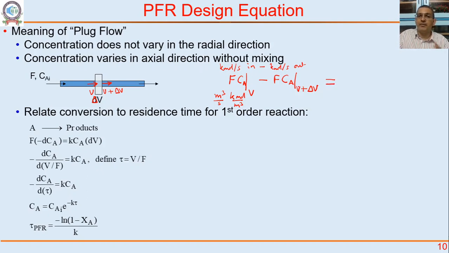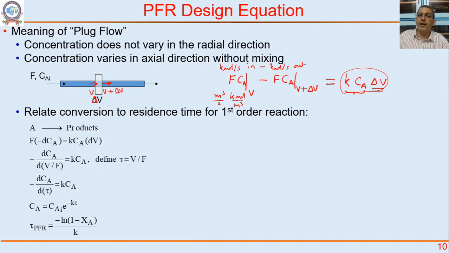What is happening? What is coming in? Some of it is reacting. How much is it reacting? It is k CA multiplied by delta V, right? That is the rate at which they react per unit volume multiplied by volume. That's the total rate at which moles are disappearing because of reaction.